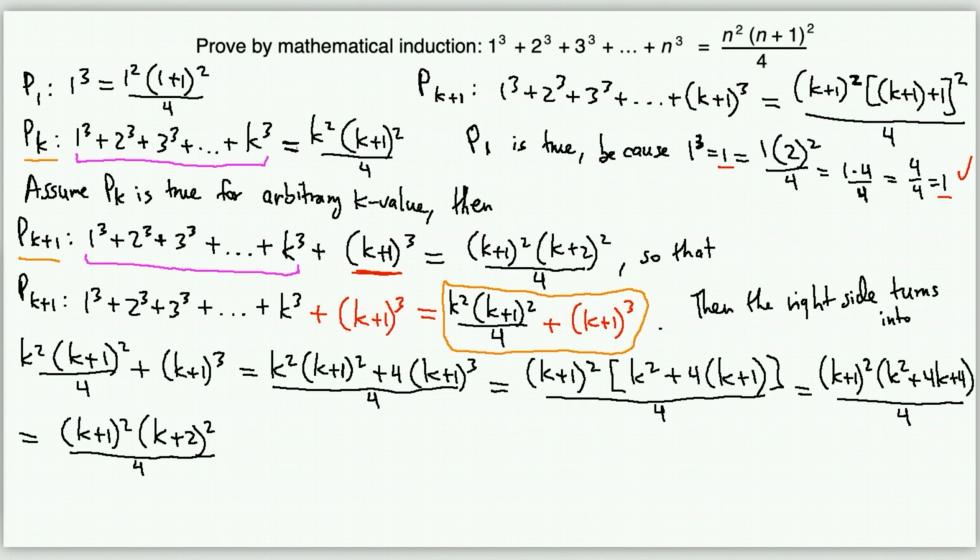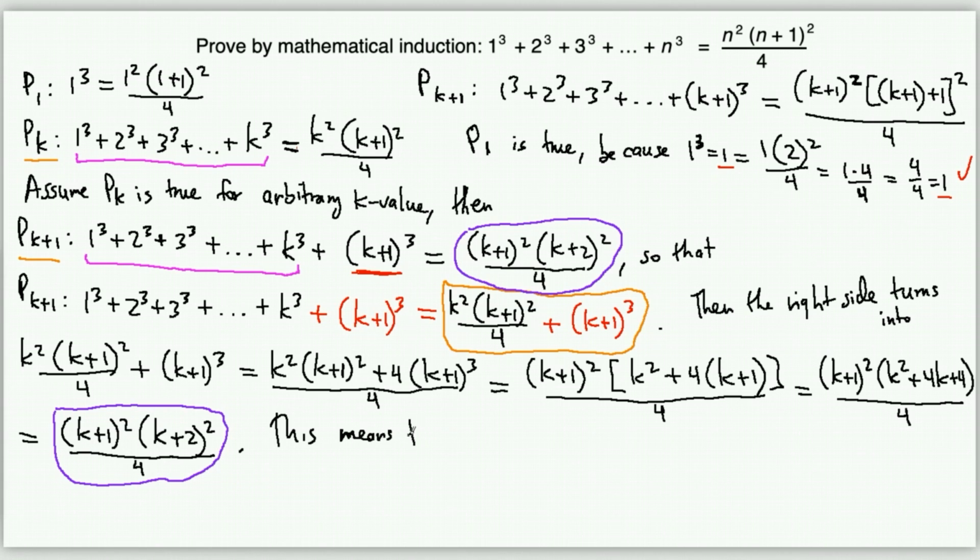So as a result, look what happens. We did actually turn this guy into this guy. It's identical, right? We indeed showed that this can algebraically be transformed into this, which is exactly that. So this means that we can copy the P(k plus 1) statement.